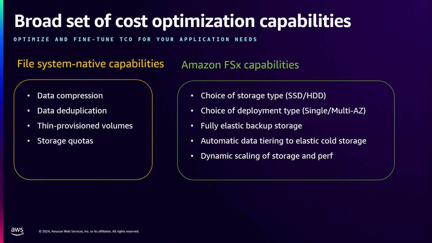You get to choose your deployment type, within a single availability zone or across multiple availability zones, which can help save costs. You get fully elastic backup storage. In many cases, you get automatic data tiering, and I'll talk a little bit about that in the next slide. And finally, as I mentioned, you can dynamically scale your storage and performance as your business needs change.